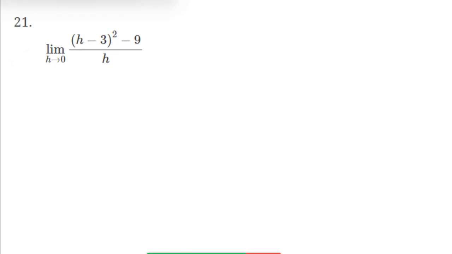All right, try this one. So this one, we can't just directly plug it in. We have to manipulate the problem to plug this one in. This one involves foiling, technically. So this becomes h squared minus 6h plus 9.